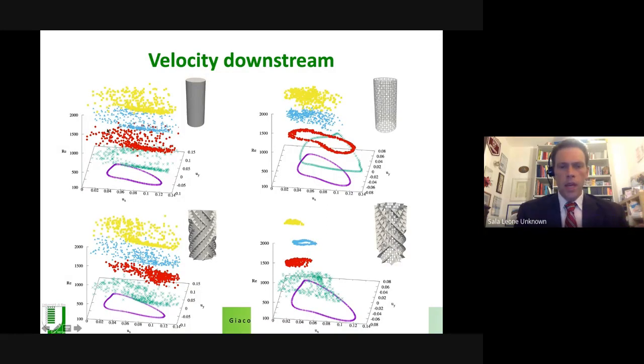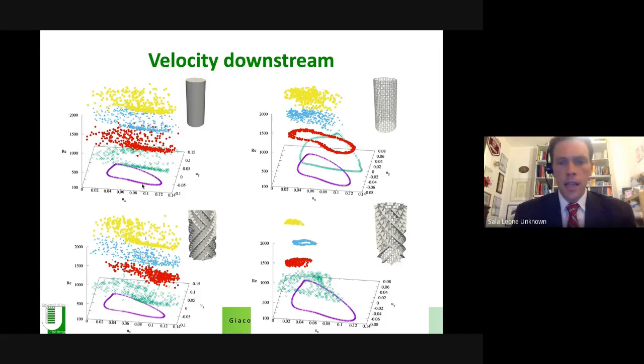So we compare this field for the cylinder to the fields obtained for the other geometries, and you can see, amazingly, that both the holes in the net and the ridges on the structure provide a sort of ordering role on the fluid flow downstream of the sponge.